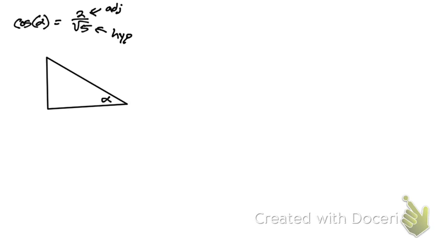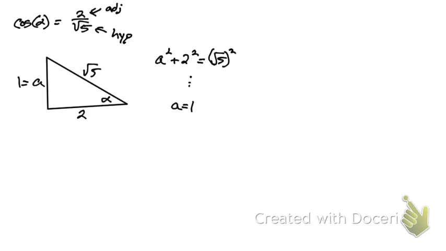So this is just a right triangle that has a base of 2 and a hypotenuse of square root of 5. Then you could just say this is side A. And you could say a squared plus 2 squared equals square root of 5 squared. And if you solve that out, you're going to come up with a equals 1.